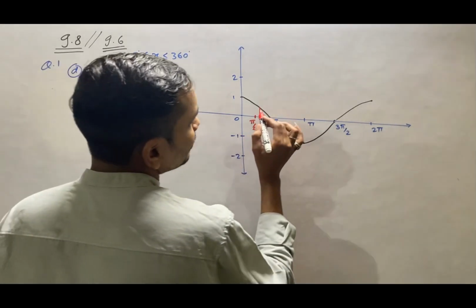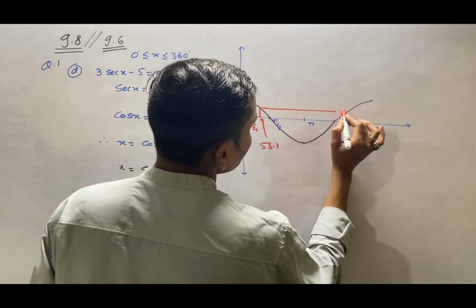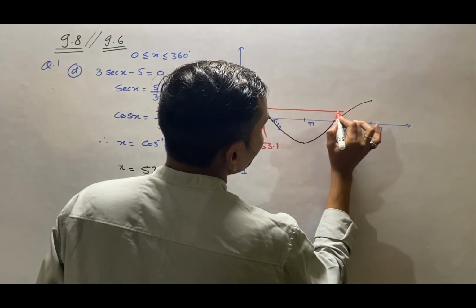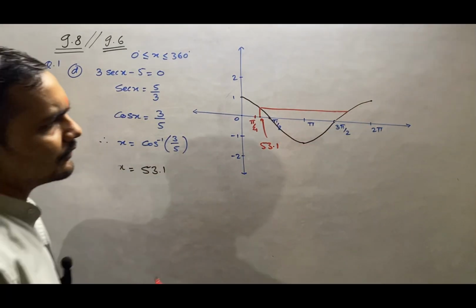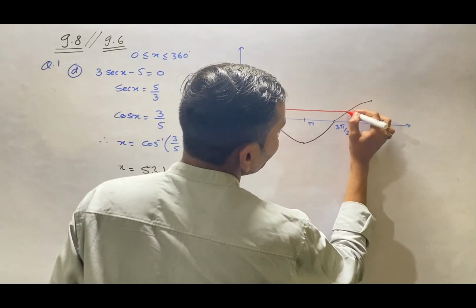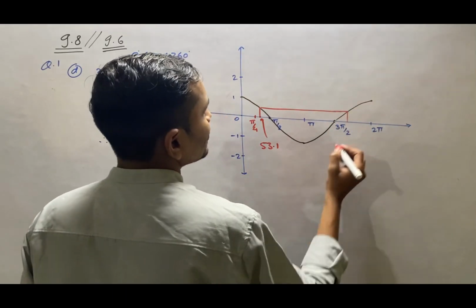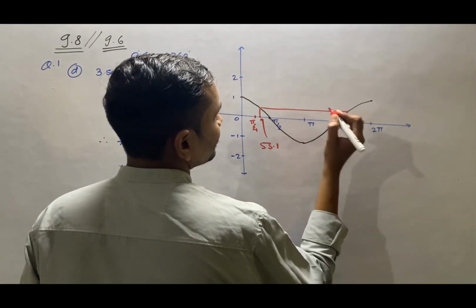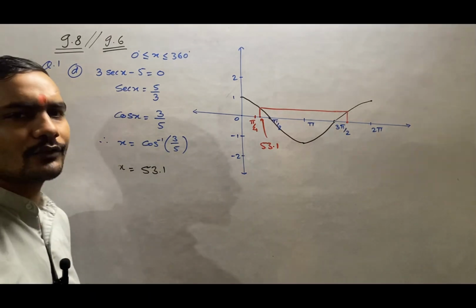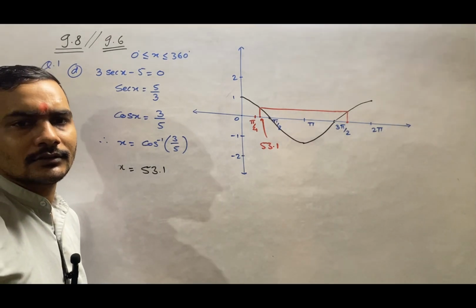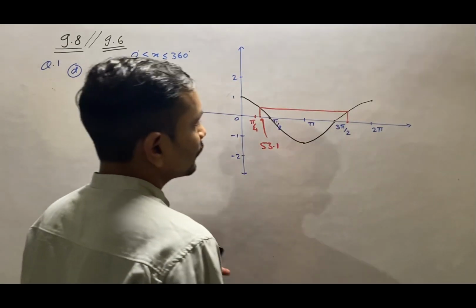So what we will do now is draw a line parallel to the x-axis till that line intersects the curve again. Here, draw again a perpendicular line on the x-axis. Now what is the angle of this point? How will we calculate it?